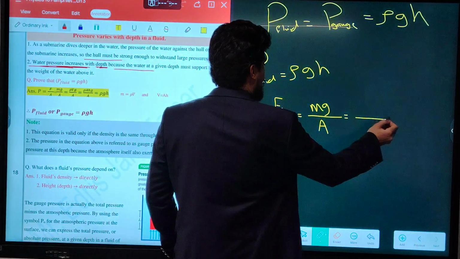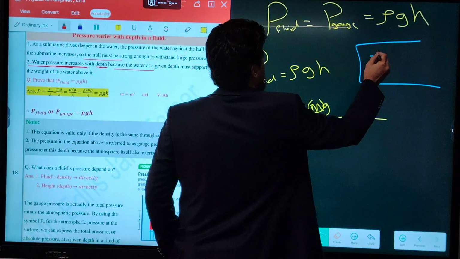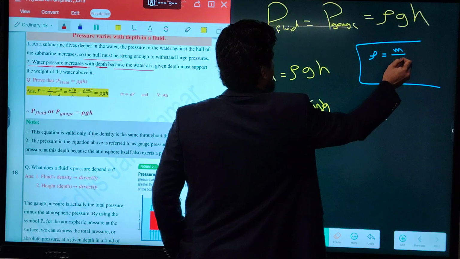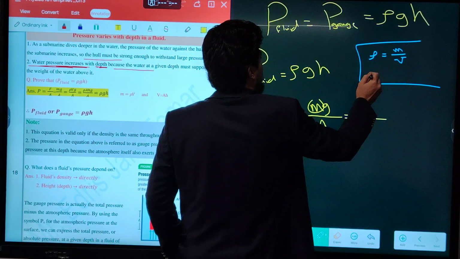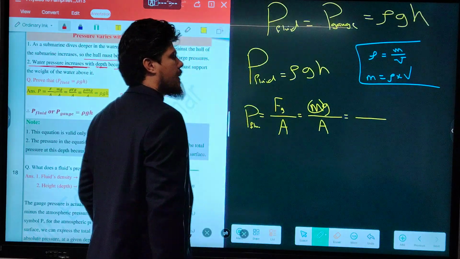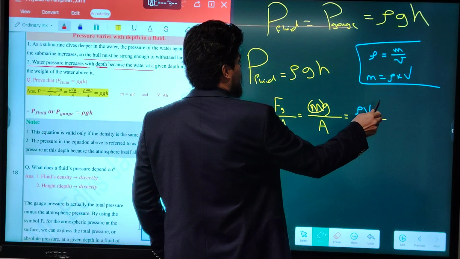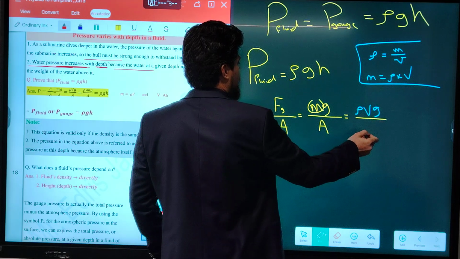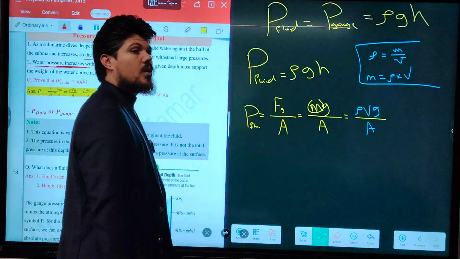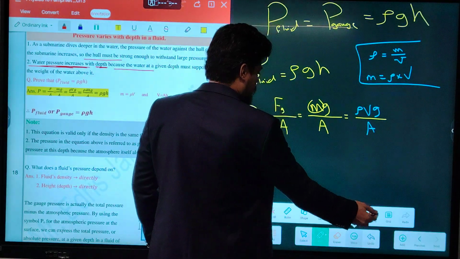Mass, if you remember, density is mass per volume, so mass is equal to density times volume. Instead of this mass, write down density times volume, and gravity remains over area. Okay? Guys, look.